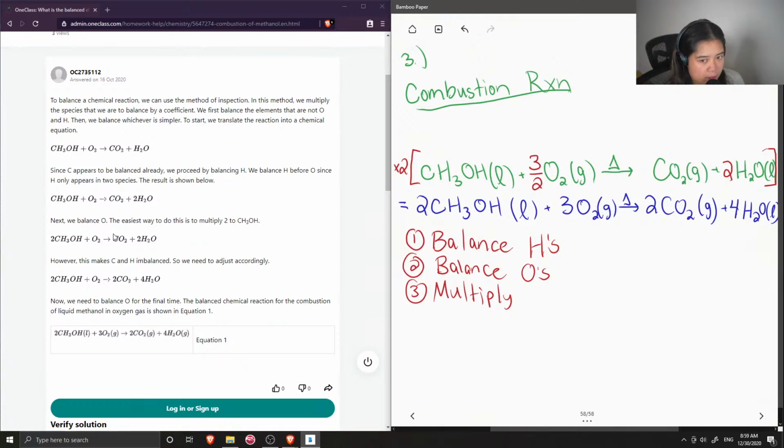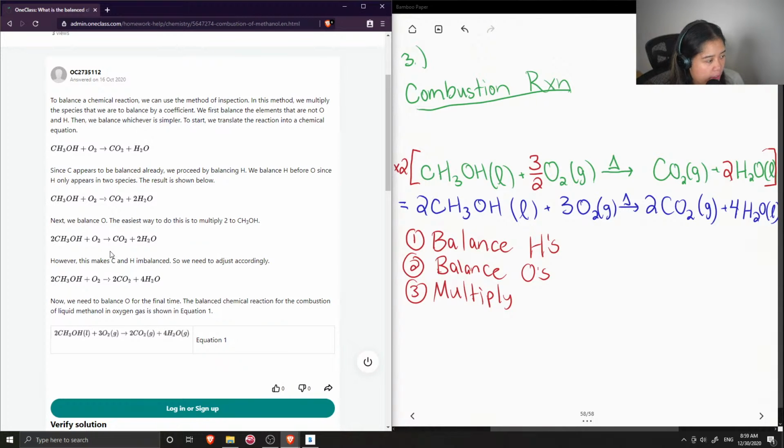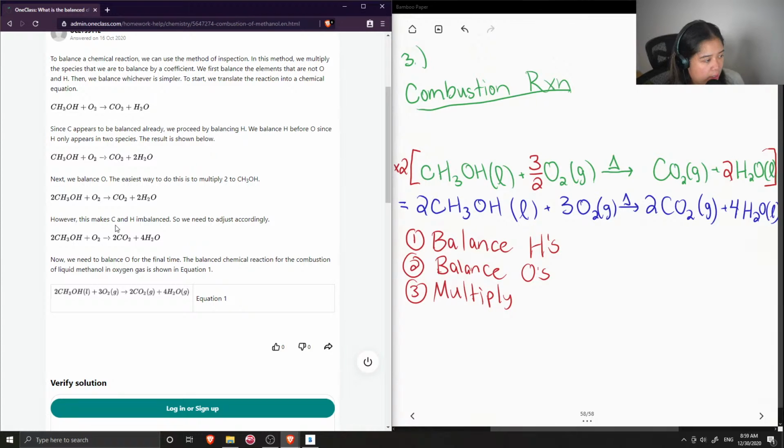Okay, so they put the 2 in front of H2O. Next, we balance the oxygen. The easiest way to do this is to multiply 2 to the methanol. Okay, so they put their 2 in front of methanol first. Then they say that this makes carbon and hydrogen imbalanced, so we need to adjust accordingly.